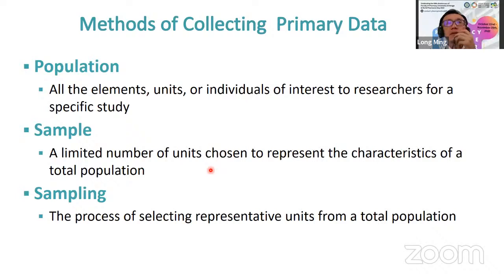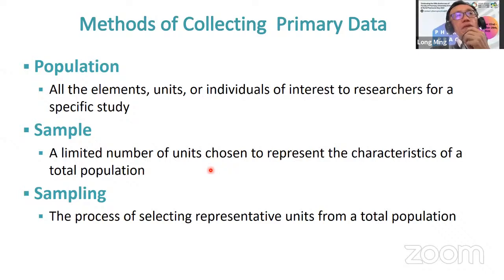Okay, these are some biostatistic terms which are used when you do sample size calculations. So, 3 terms here: population, sample, and sampling. Population is all the elements for a specific study.